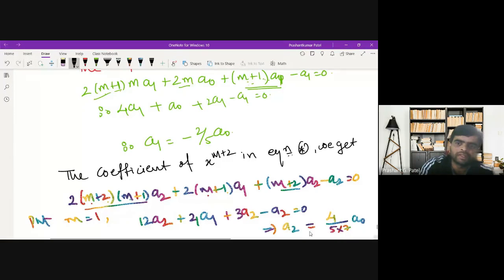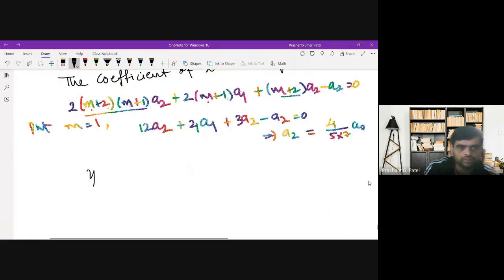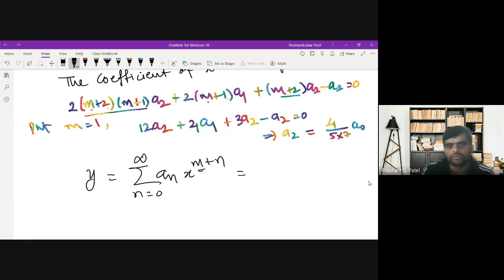So ultimately our objective is to write down the solution. The solution is y equal to summation n running from 0 to infinity an x raised to m plus n. What is the value of m we have? We have calculated it is 1 for this, so it is an x to the n plus 1.